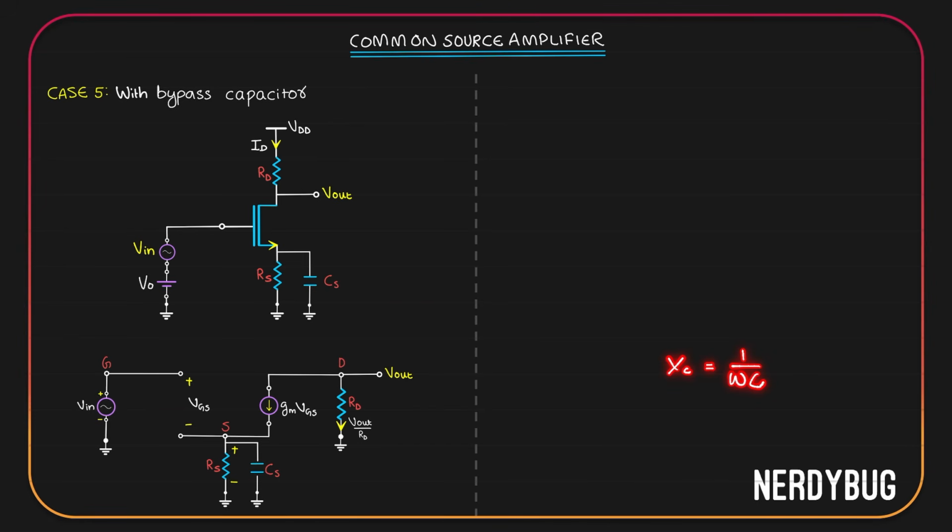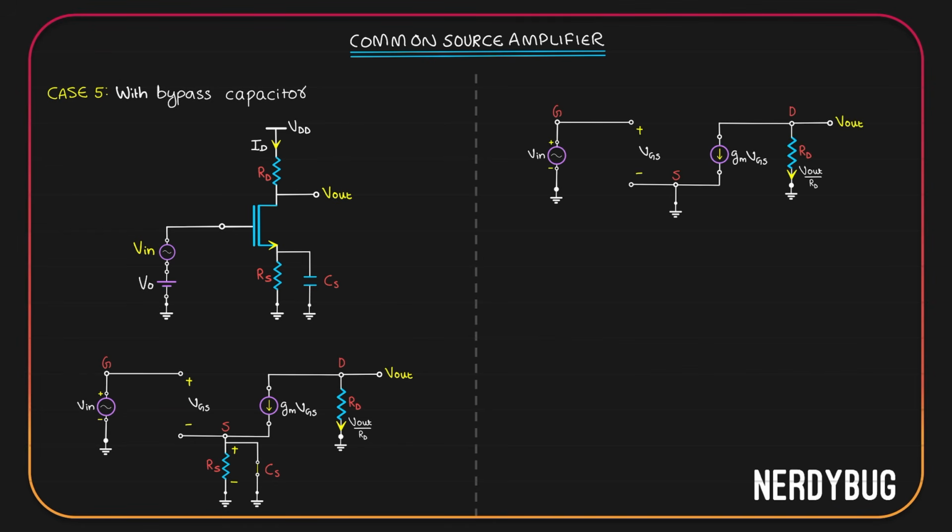Here, since the capacitance value is high, capacitive reactance is going to be very low, and hence we can replace this capacitor over here with a short circuit like this. Which means in the small signal model, Rs is being shorted. Source is directly grounded. So we can simply draw the small signal model like this instead. We don't need to show Rs because it is shorted.